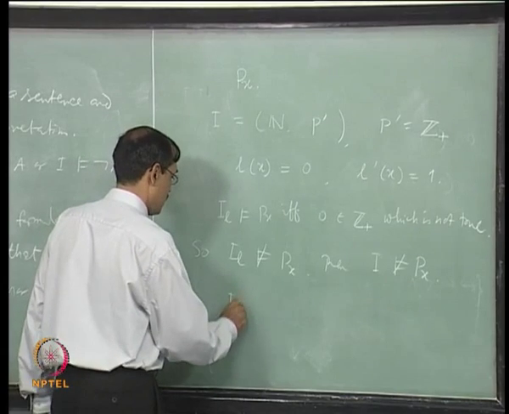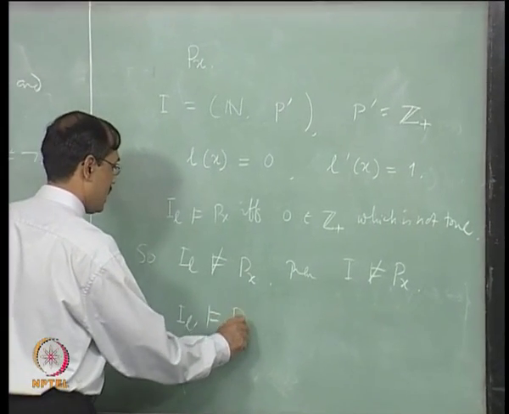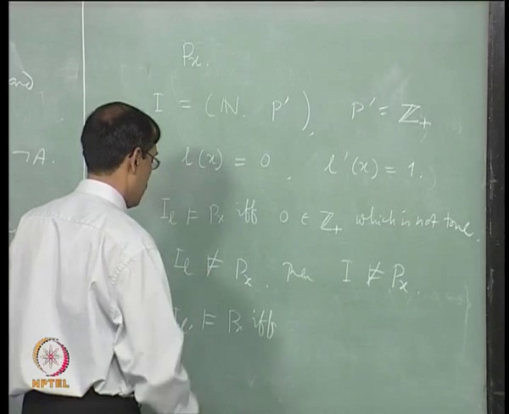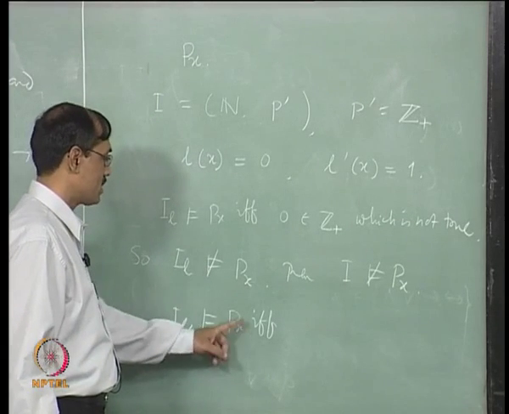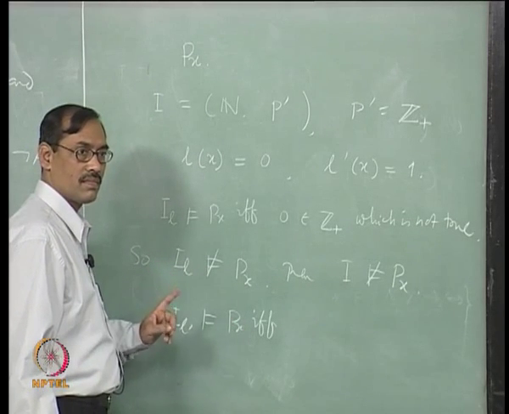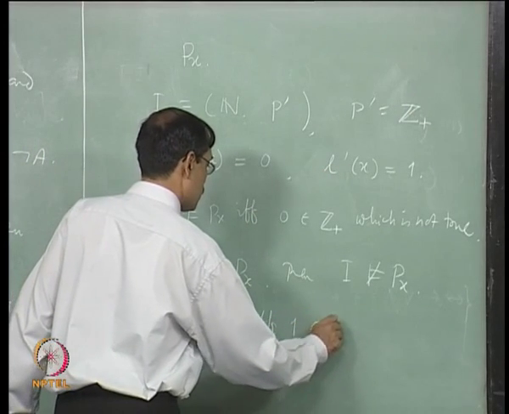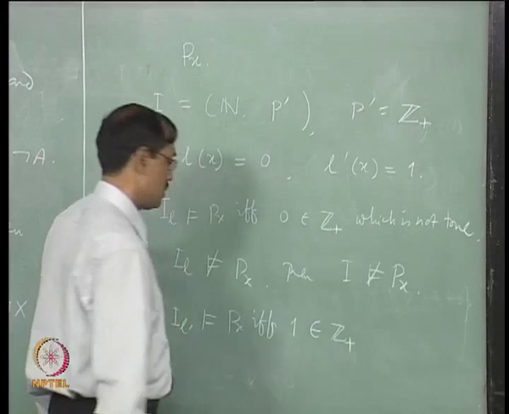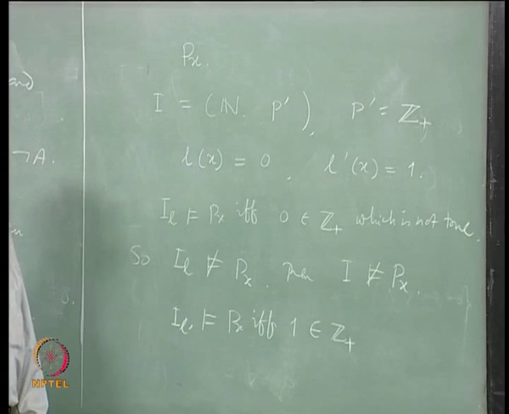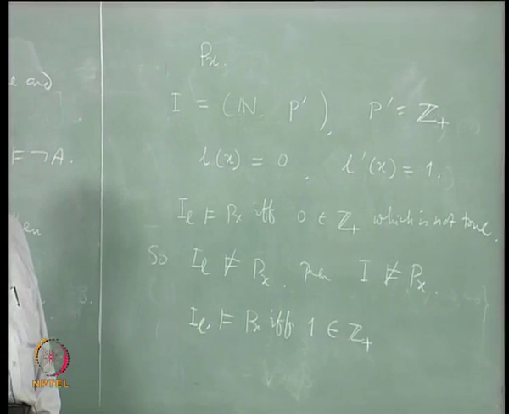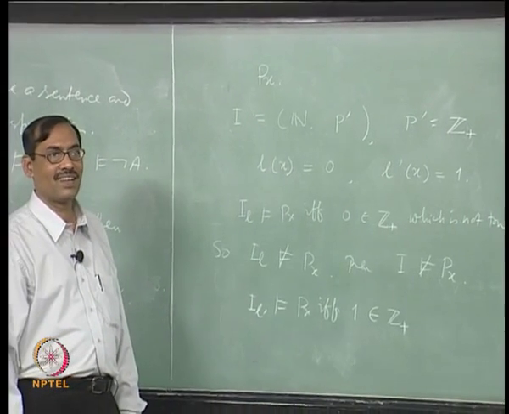Let us verify. I L prime satisfies P x if what happens? L prime of x belongs to P prime, right. So, L prime of x is 1. So, 1 belongs to Z plus, it is so. This is not the example, right.